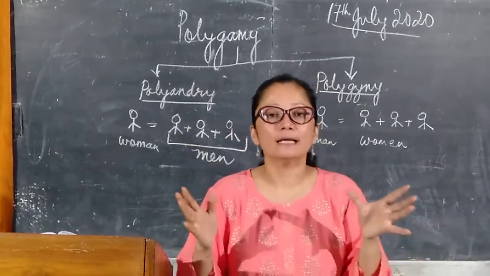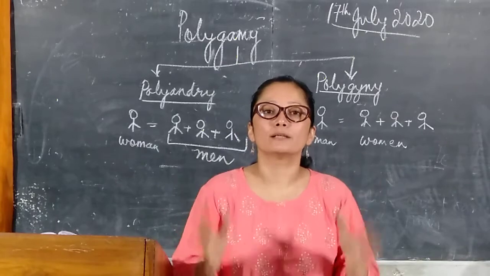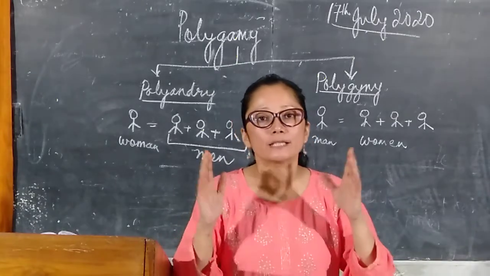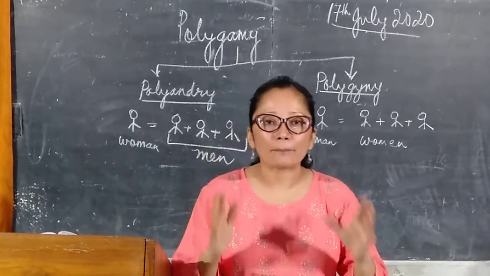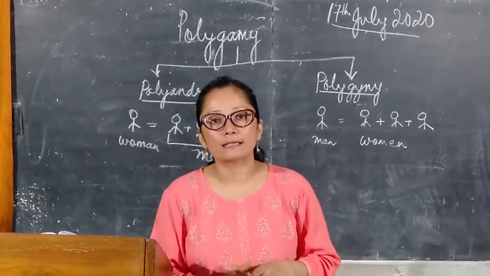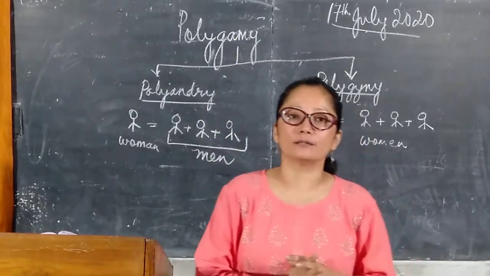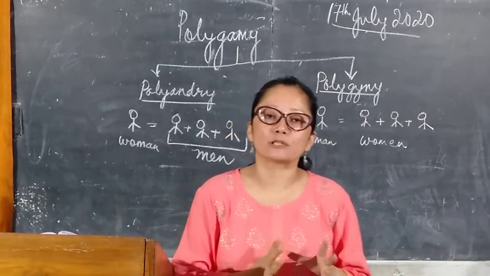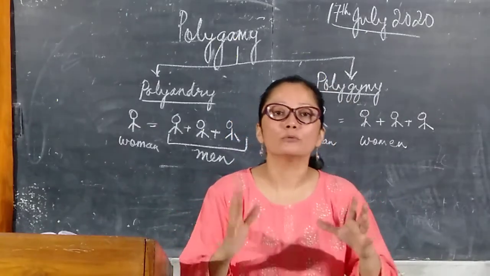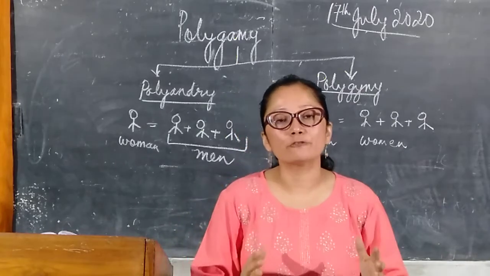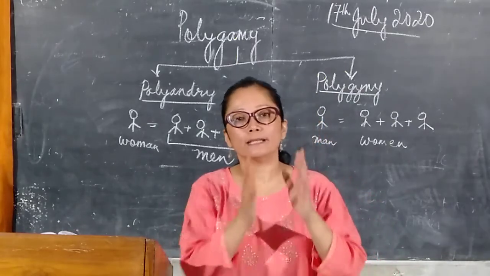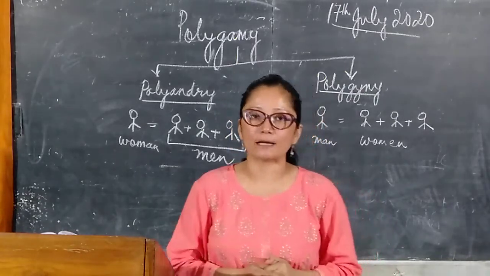Everything can be done in minutes right now because we have machines. But in the olden days, the absence of machines led to more burden on the women, especially regarding the household work. So if you had more than one wife, the household burden was shared amongst the wives.